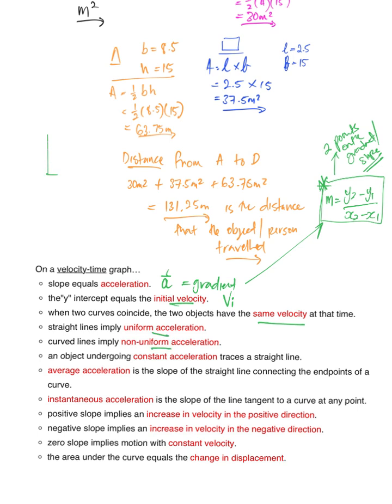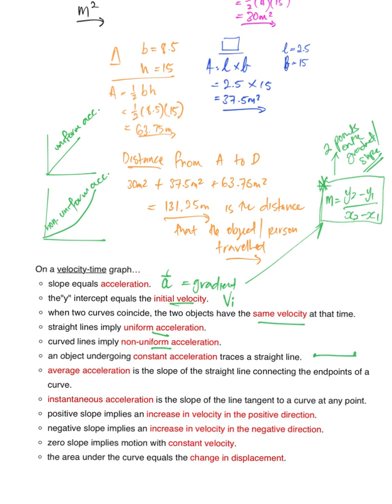So if I'm looking at the graph and I'm going like this, I know that it's a uniform acceleration. If my graph does that, I know that I have a non-uniform acceleration. If it has a constant acceleration, it is a straight line.